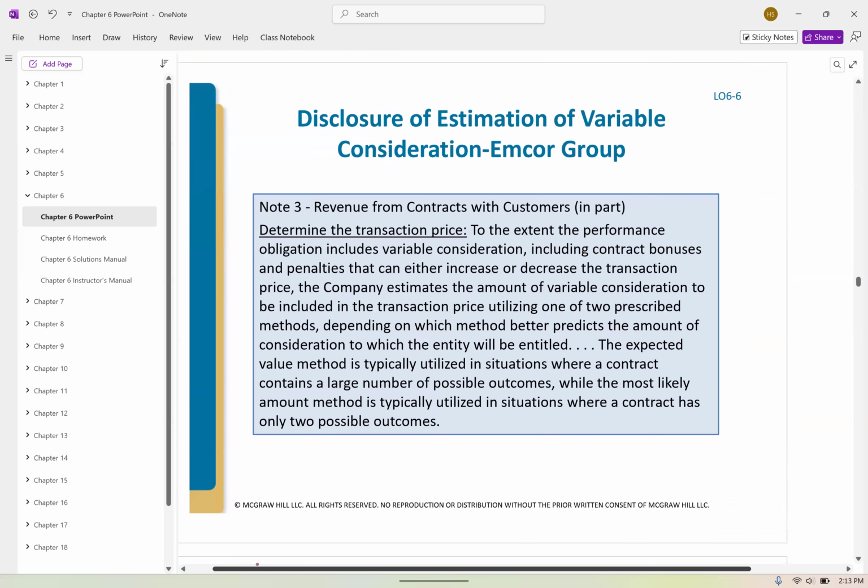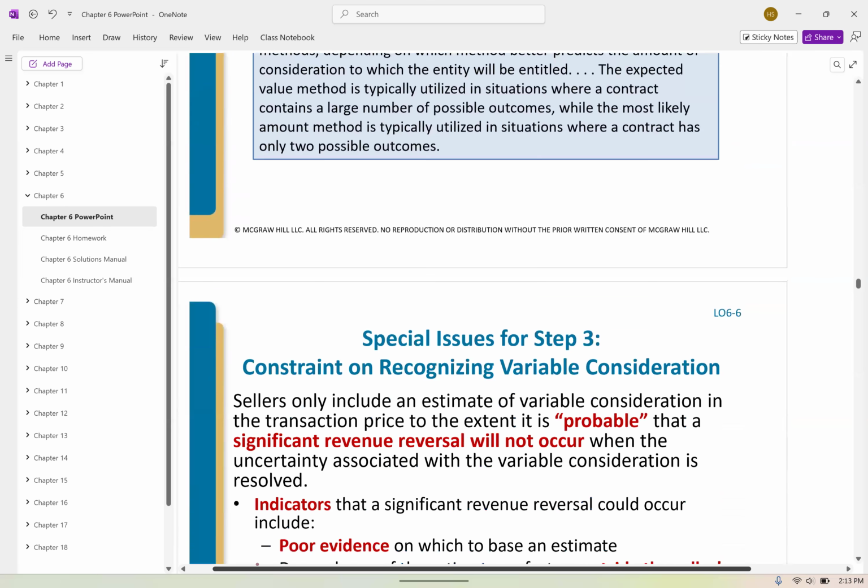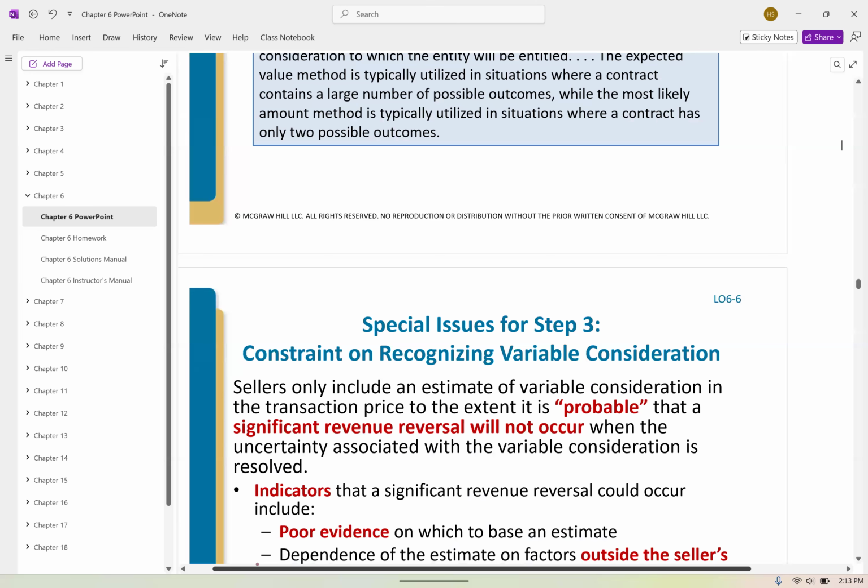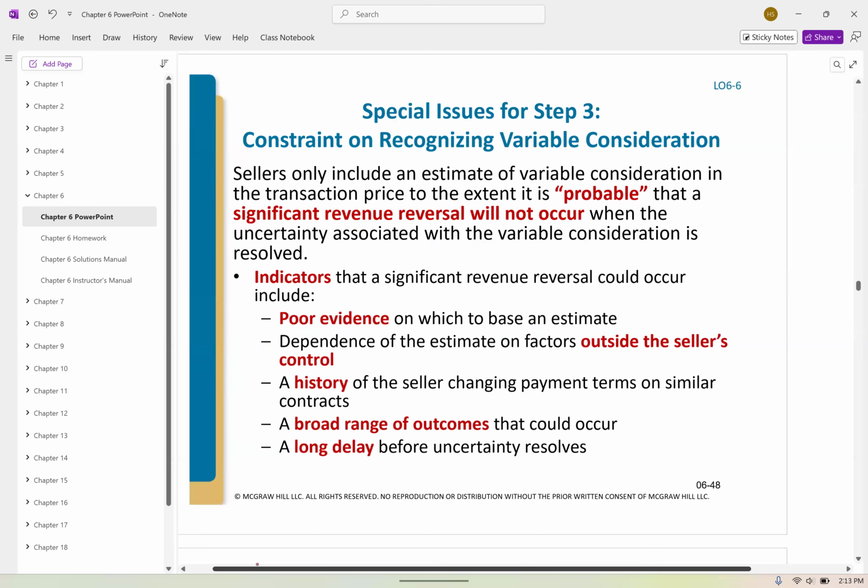A lot of times there's going to be disclosures on things like contracts, especially contracts with major customers. They may disclose the expected value and what's going on in the notes to the financial statements. Some special issues with step 3, constraint on recognizing variable consideration.